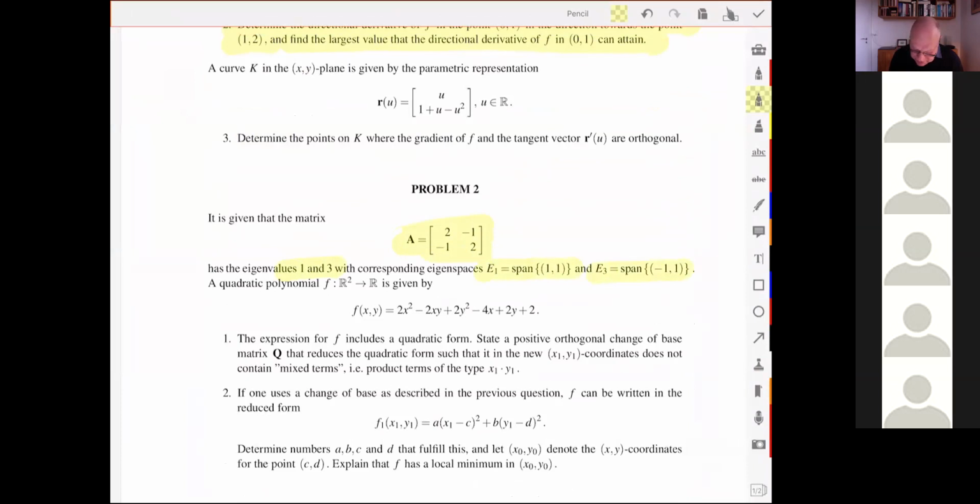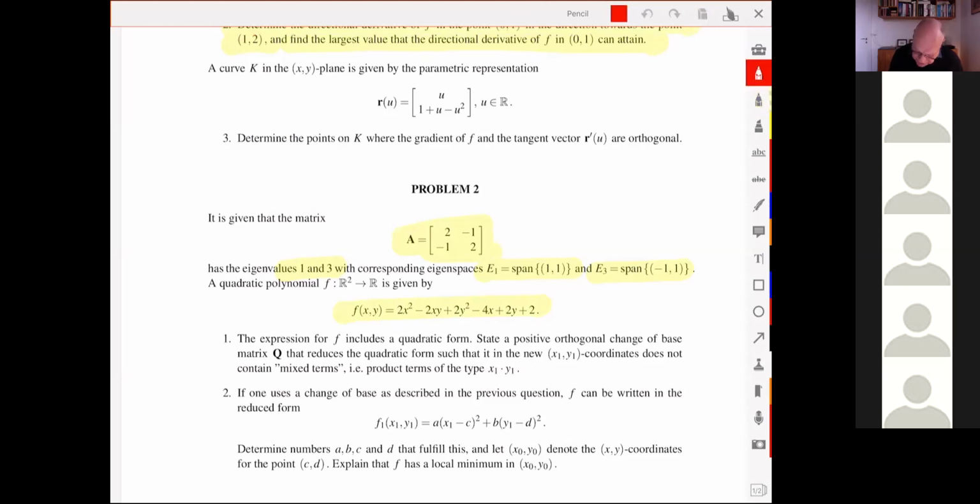And you have a quadratic polynomial, and it's given like this. You see, it's a quadratic, and it includes a quadratic form.